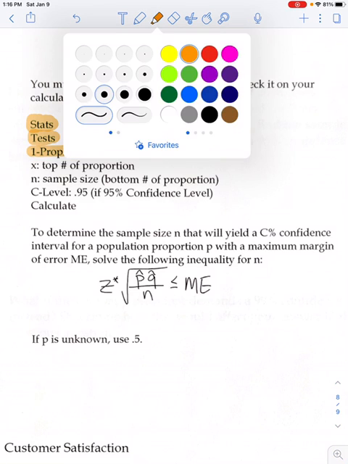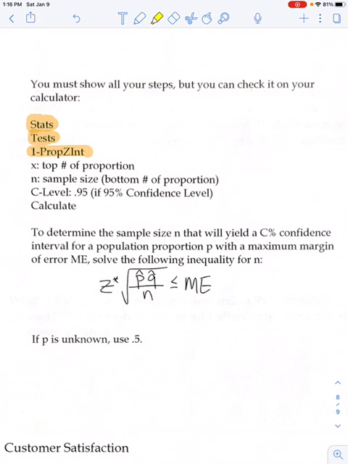Then it's going to ask you for 3 pieces of information. It's going to ask you for an X, which is your number of successes. So that's the top number of your proportion. N is going to be your sample size, and then it just needs to know what confidence level you want. And then you're going to hit calculate, and boom, it's going to give you your interval for you.